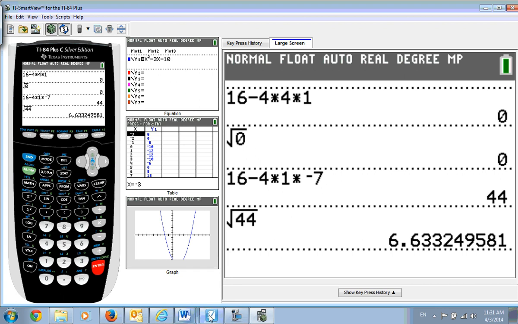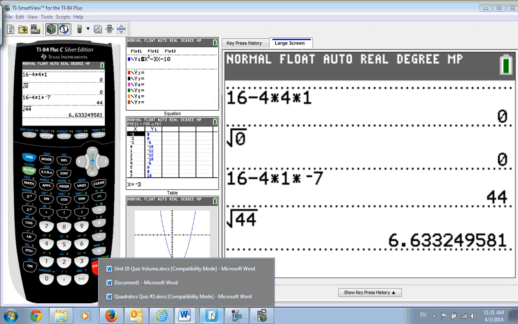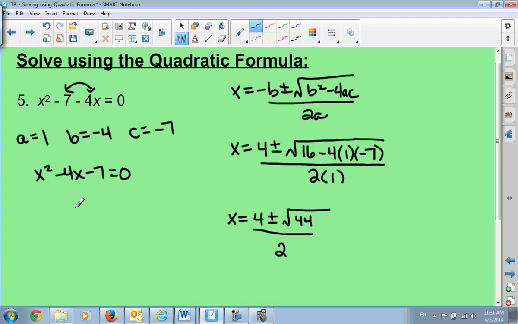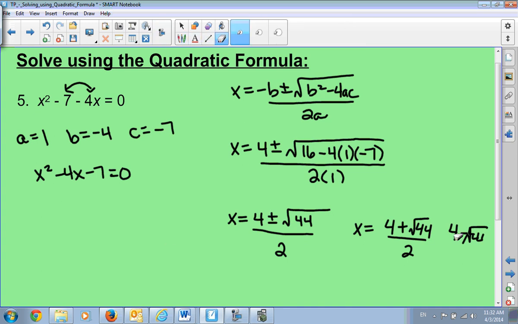So we don't have pretty whole numbers anymore. So we're going to have to round. We're going to do 4 plus the square root of 44 divided by 2, and then 4 minus the square root of 44. Oh my gosh, that's ugly.